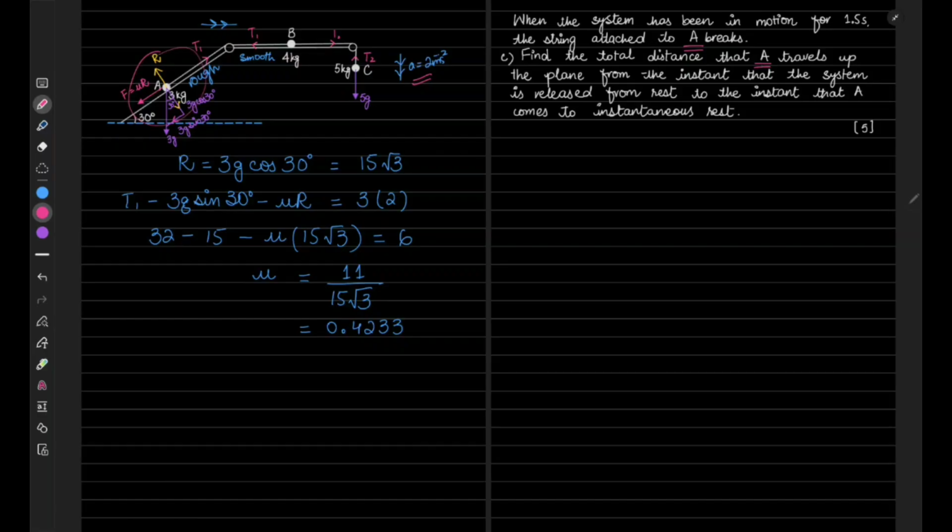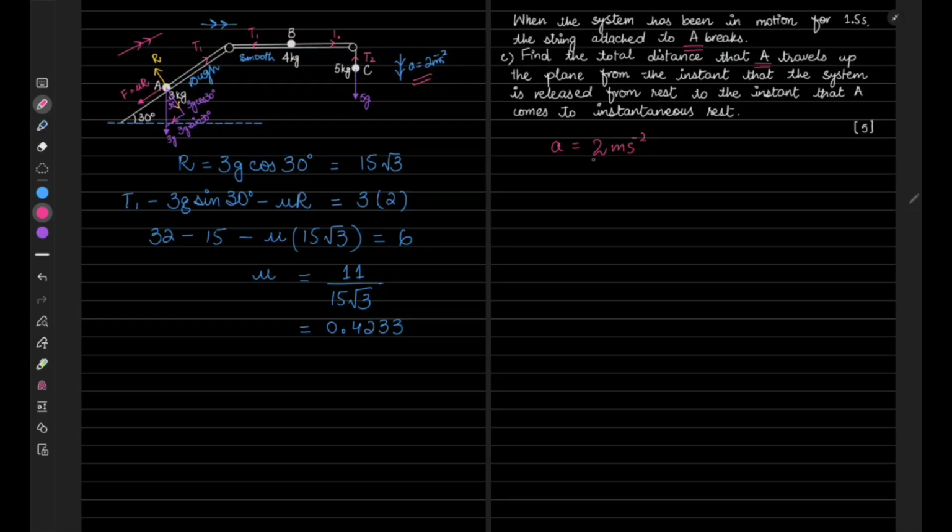Initially the acceleration was 2 meter per second square. What was the velocity with which it was moving up? Because the same acceleration it had. So they say it was in motion for 1.5 seconds. So during these 1.5 seconds, what was the velocity?